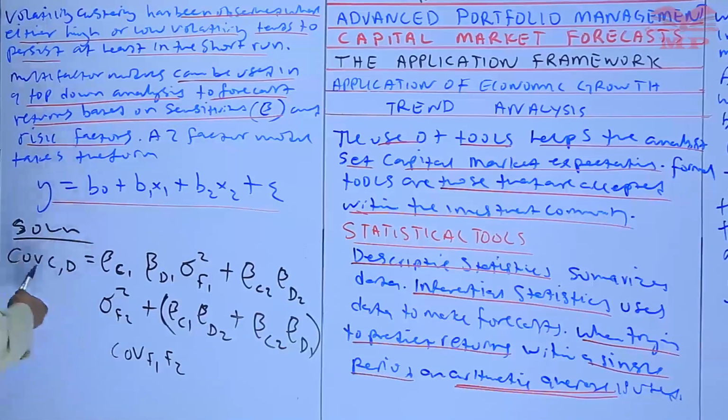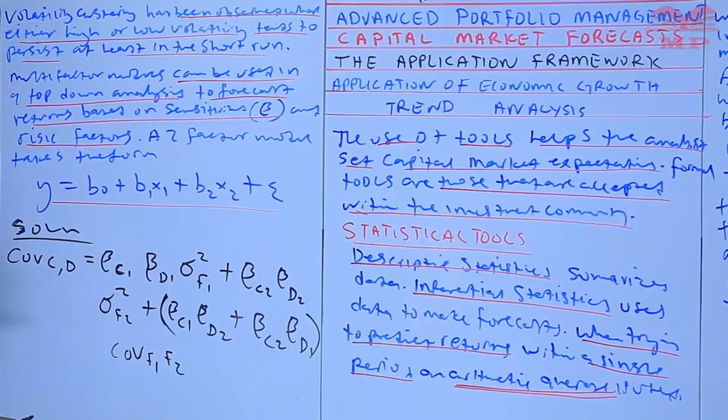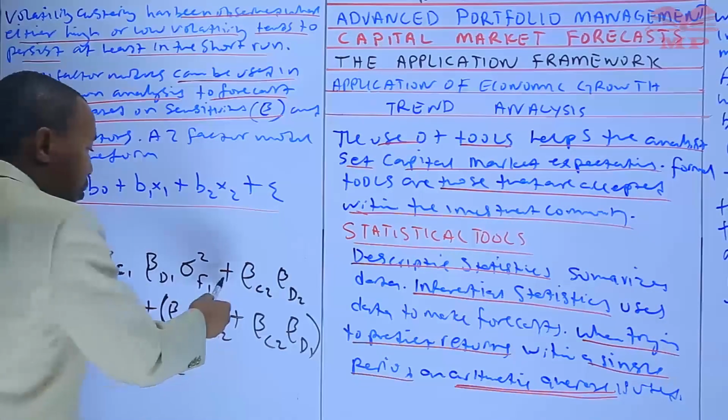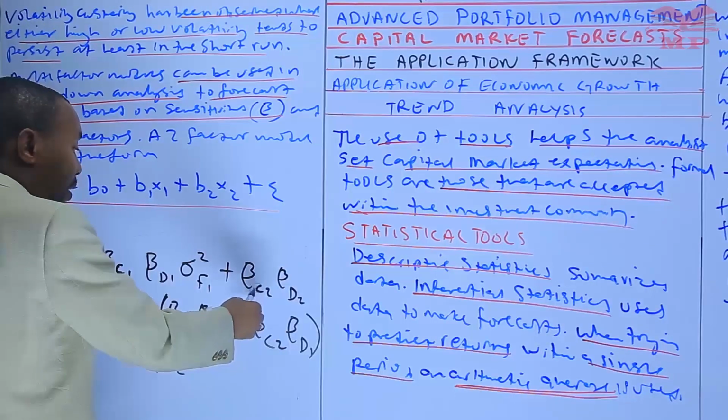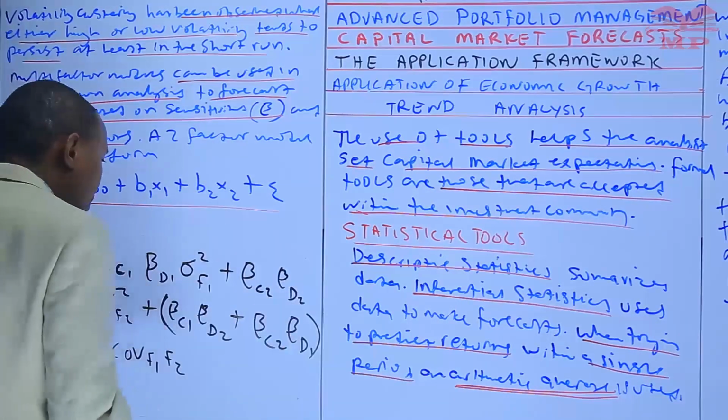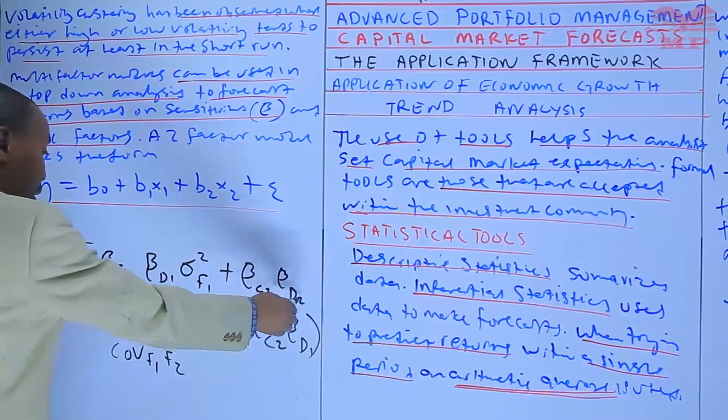We're trying to get the covariance of market C and D. For us to get the covariance, we first get the beta for market C, the first factor, beta for market D, the first factor, and the variance for factor 1. Then we get the beta for market C, factor 2, beta for market D, factor 2, and then the variance of factor 2.